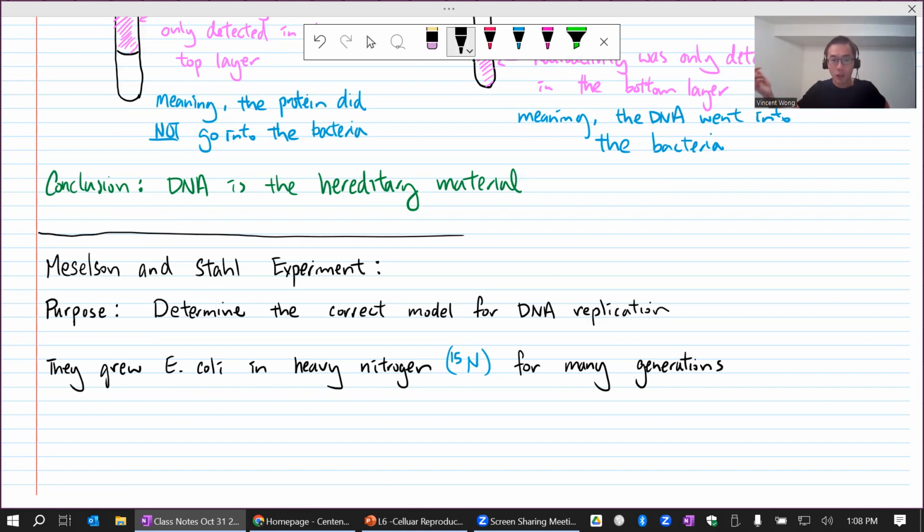How heavy is regular nitrogen? The one that you find when you calculate your molar mass in chemistry class, what number do you use for nitrogen? Tell me. Not 11. I'm pretty sure it's not 11. Anyone else?